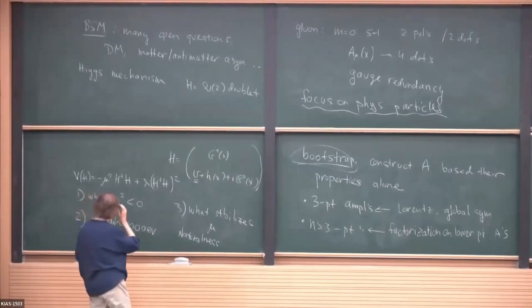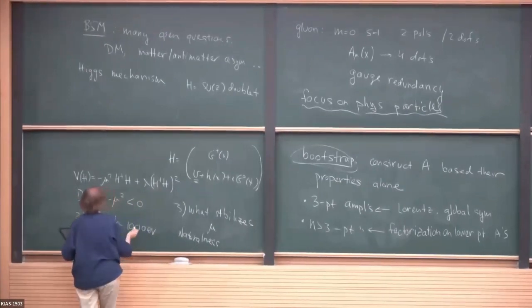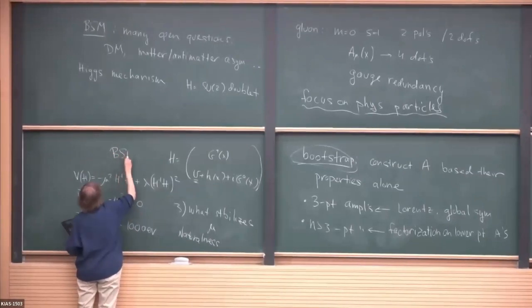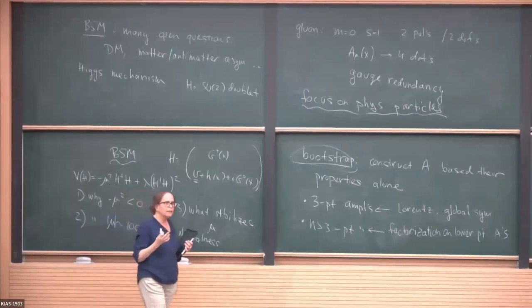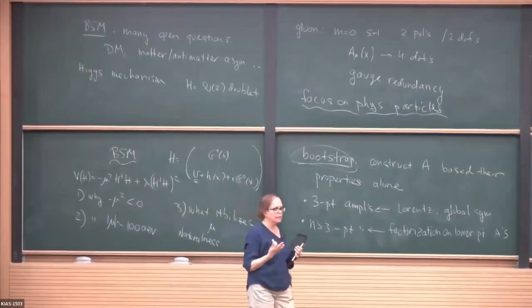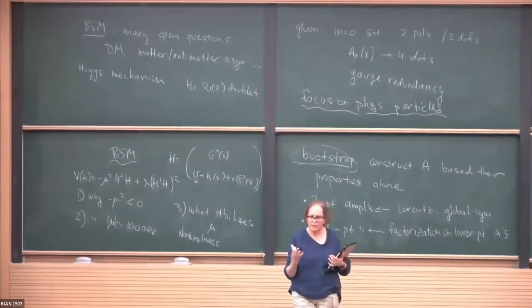And so it would be really nice if we had some BSM theory that describes that. And the other thing that's really nice is that we have the LHC, and the LHC probes energies that we've never seen before.